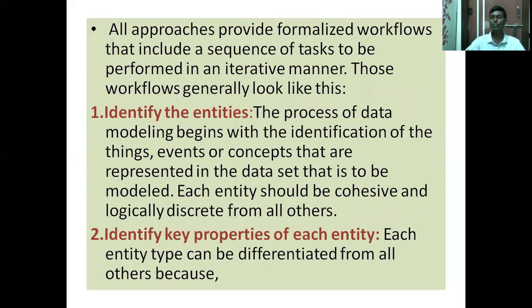A simple example for data modeling is the index page of a textbook. In the index page of a textbook, we can find the data modeling of the whole syllabus in a single page: first the lessons, then the topics in the lessons, and the subtopics related to those topics.